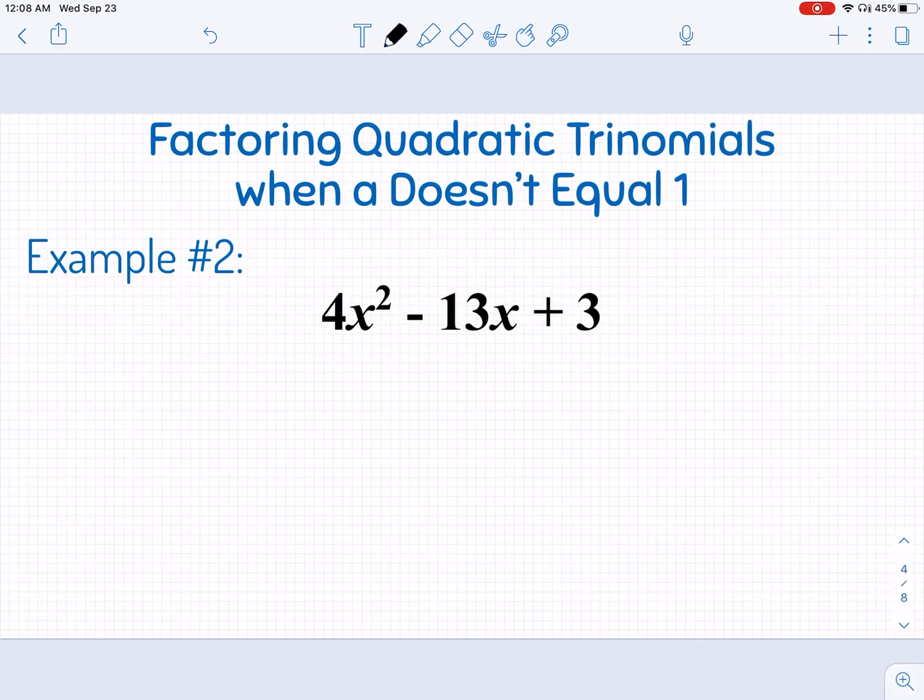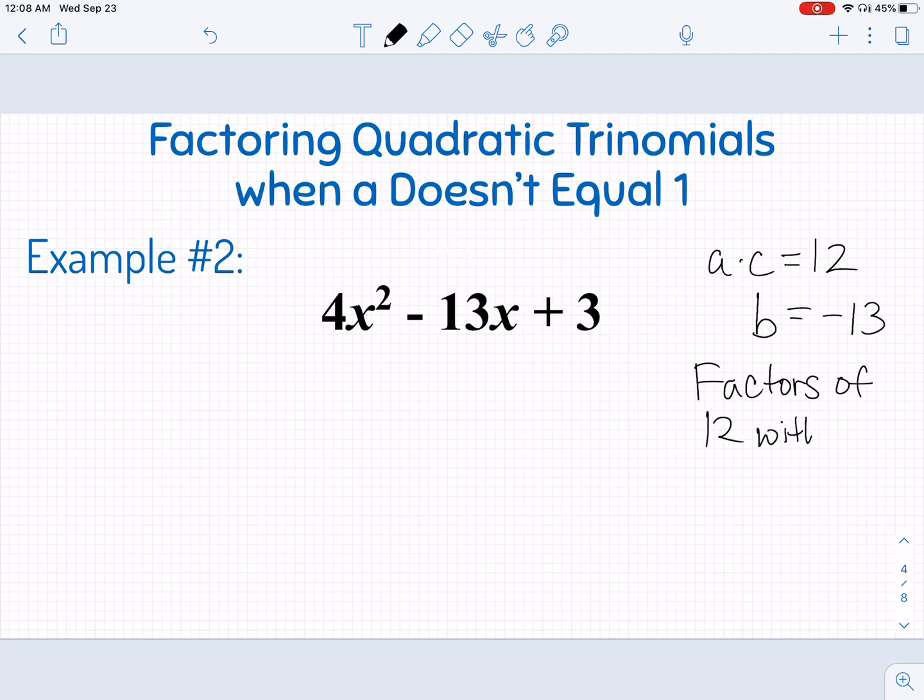In this example, take a second. What is a times c and what is b? In this problem, we're going to find factors of 12 with a sum of negative 13. Our factors of 12 with a sum of negative 13 would be negative 12 and negative 1.